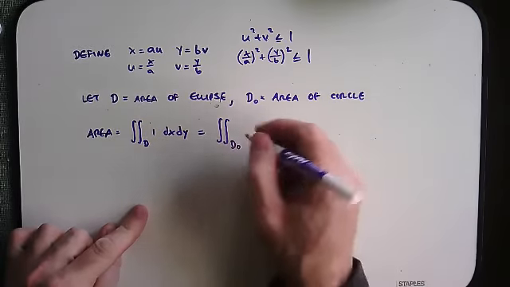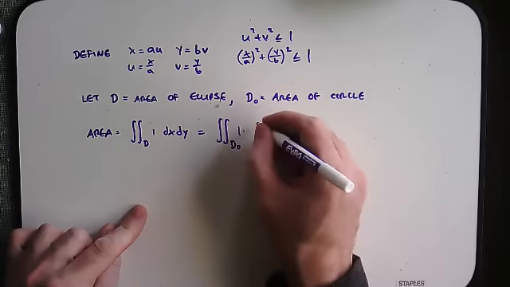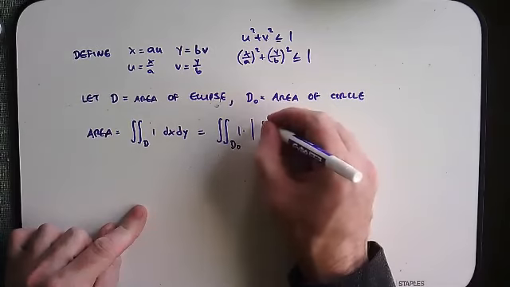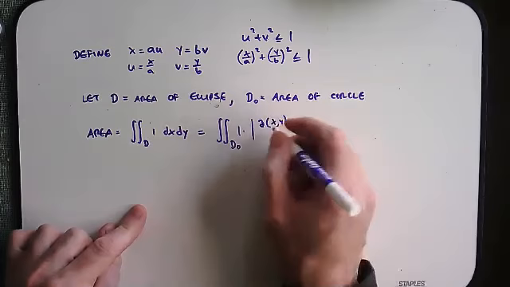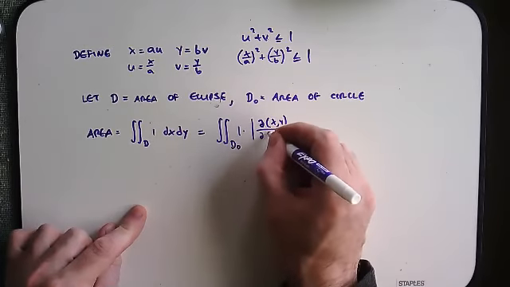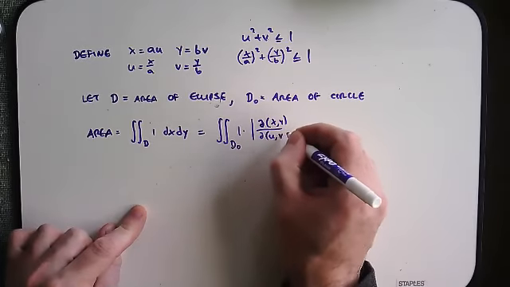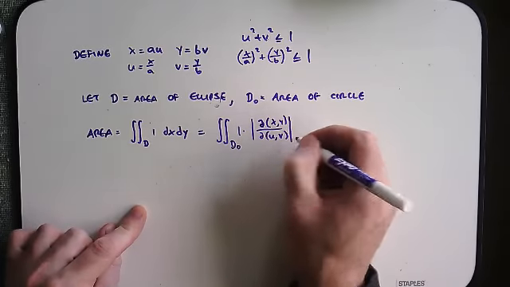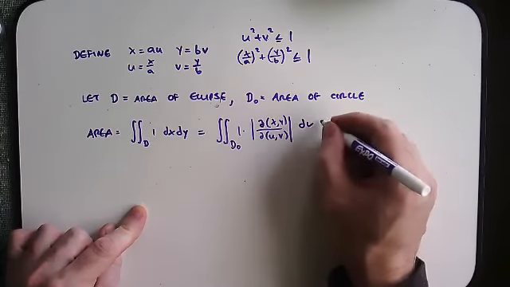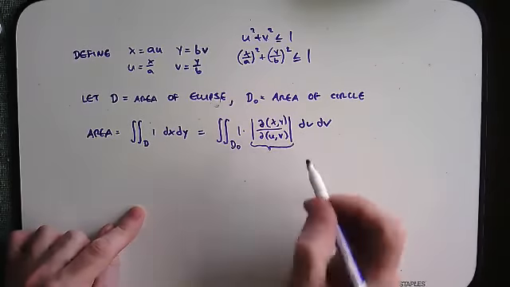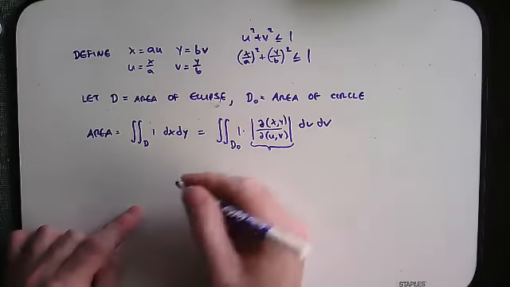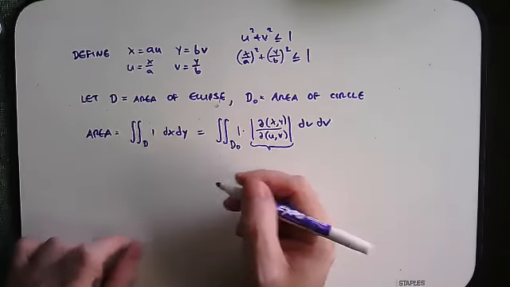And then we'd have to use our change of variables formula, which is the partial of (x, y) over (u, v), du dv, right? And this quantity will come from our Jacobian determinant.